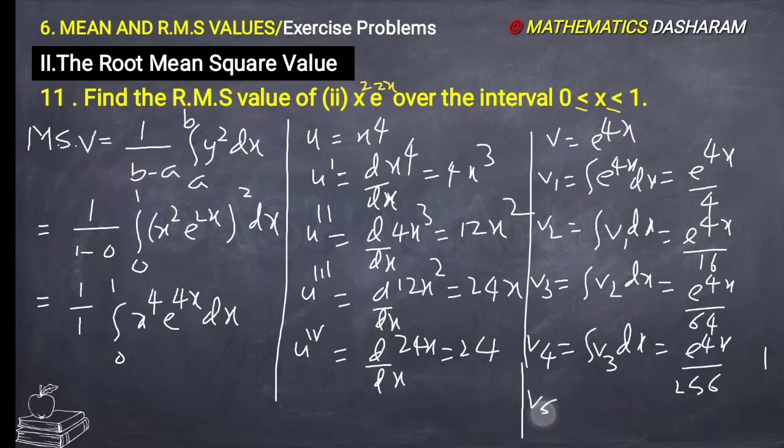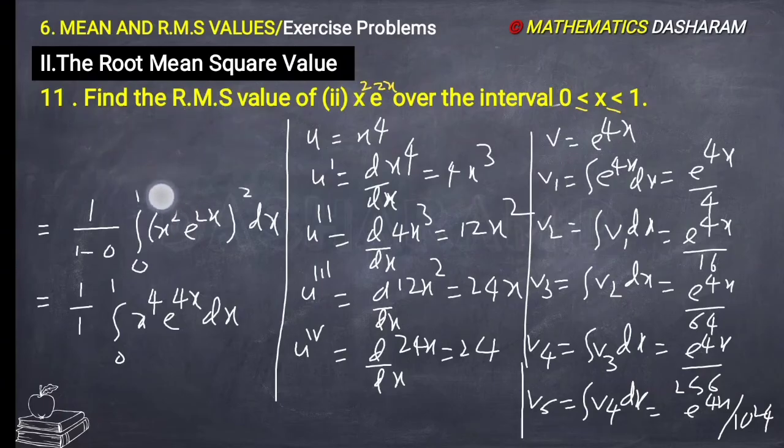So v5 equals to integration of v4 dx, so that is e to the power of 4x divided by 1024. Now use Bernoulli's rule.